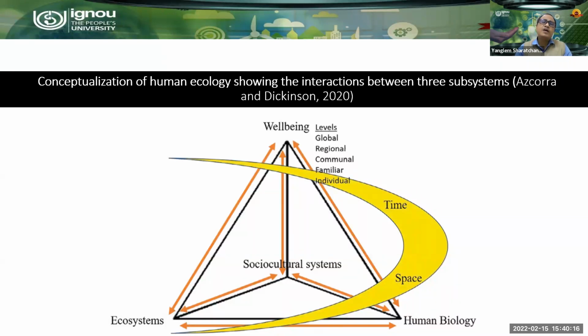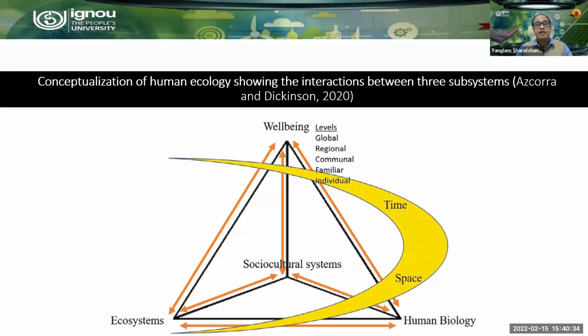Then this human ecology, again, we can look into from three subsystems. As a student of sustainability science, we must try to analyze different issues from different angles.